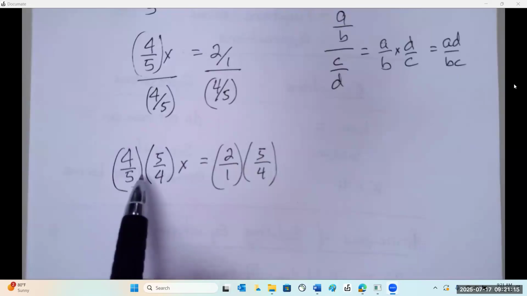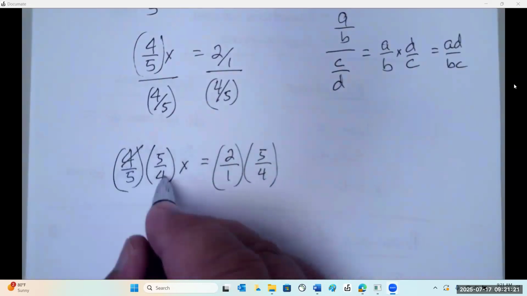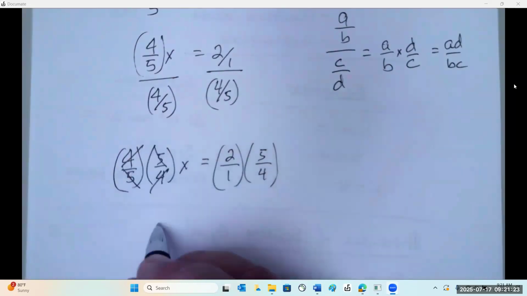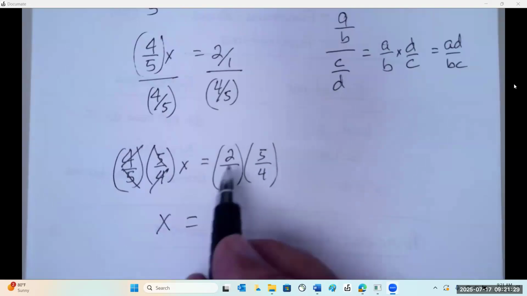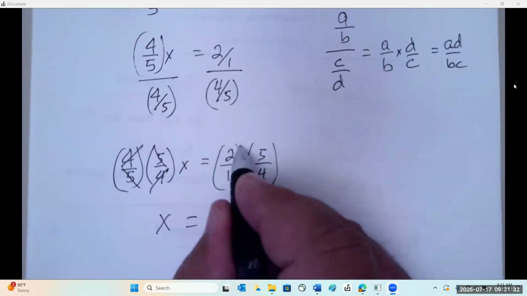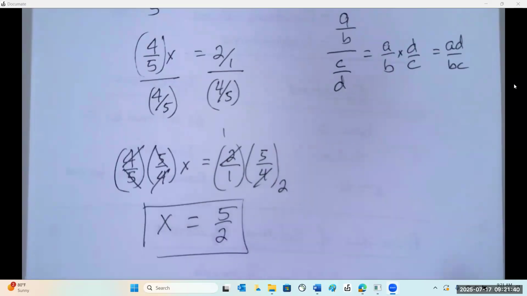Whenever you multiply fractions, always reduce first. The 4's cancel, the 5's cancel, so we're just left with x. You'll make fewer mistakes that way. How about here? The 2 cancels with the 4, so that becomes a 1. So we just have 5/2, and that's your final answer.